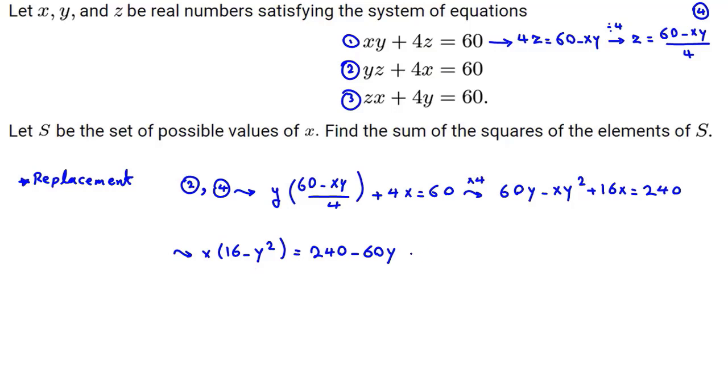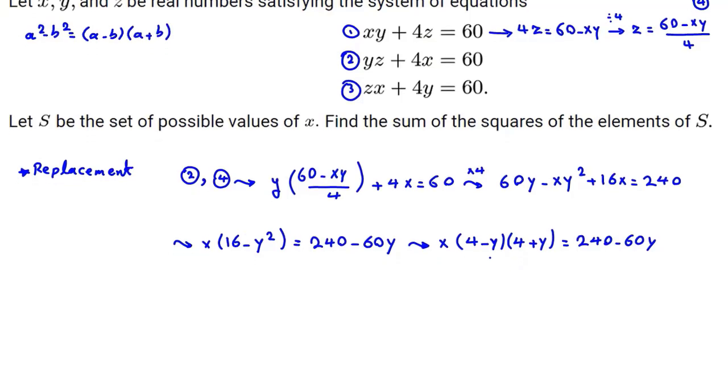Now, if we divide, we can say x times, you can factorize 16 minus y squared, (4 minus y) times (4 plus y) equal to 240 minus 60y. Here we've used the famous identity that a squared minus b squared is (a minus b) times (a plus b).